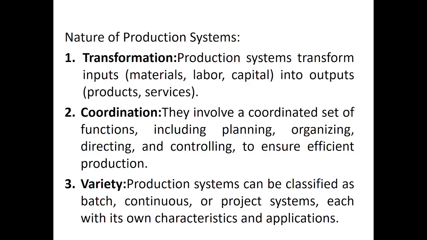That is called variety. So, what is variety? Varieties में क्या है? Varieties can be classified as batch. Which batch of product? Continuous or project system? The continuous system. Okay, and with its own characteristics and applications.